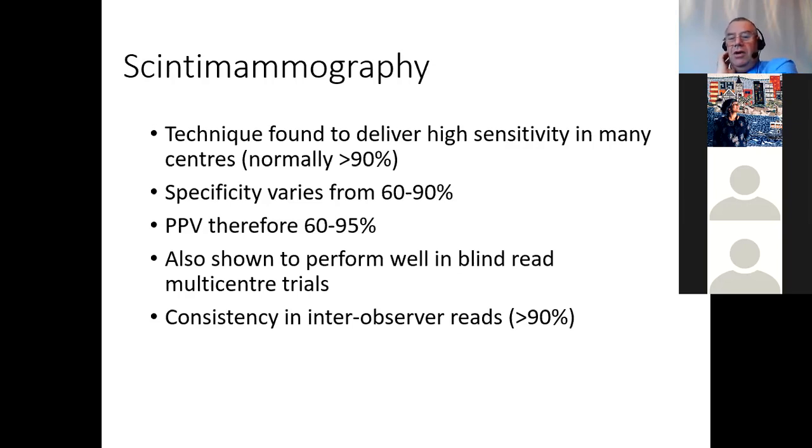And the other thing is, because you either have uptake or no uptake, the results are very consistent. So in inter-observer reads, the correlation between readers is about 90%. For the best series in mammography, for example, it's about 60%, and in MR, it's around 30%. So the technique is actually pretty good. It's just not widely used.